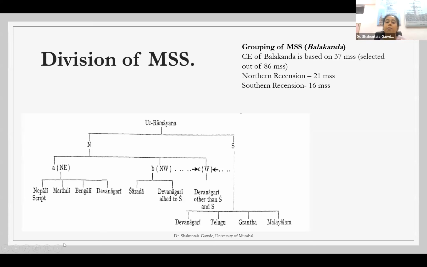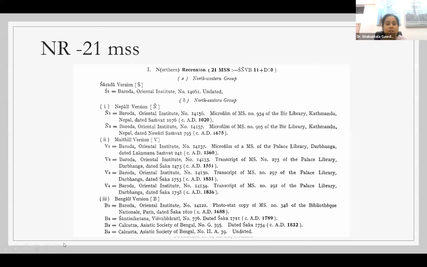Again, there was a comparison between the northern and southern recensions. If there is a variant in a particular patha in the text, then which patha should be selected? Now we can see the details, how they had grouped.